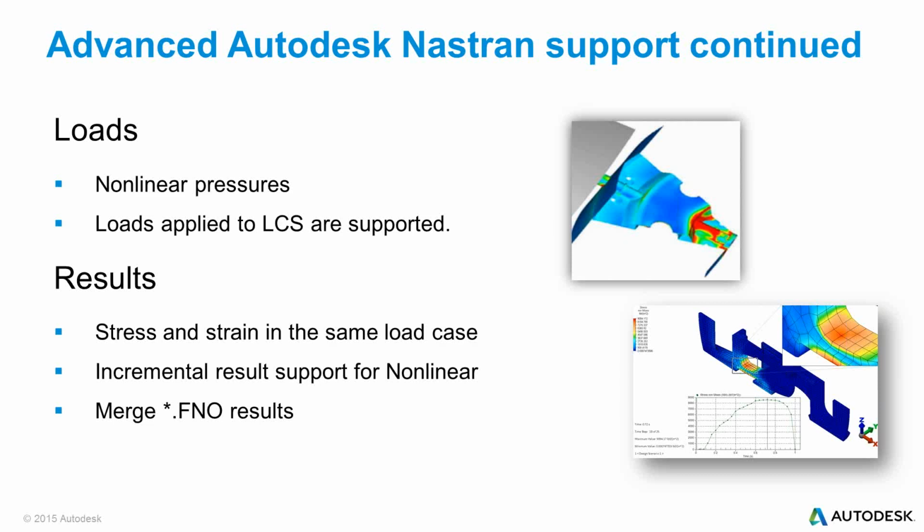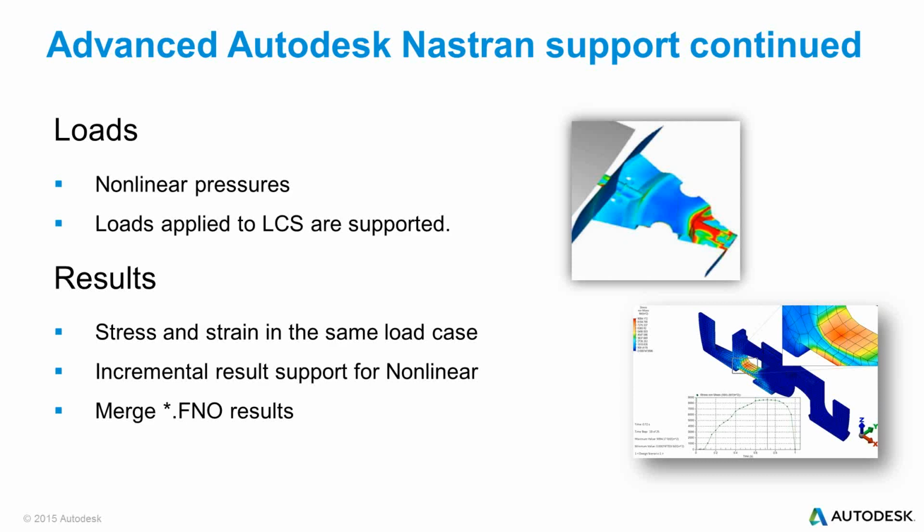Of course, all these improvements to the results were made possible by the fact that Simulation Mechanical can now read an FNO file format natively as a solution for the Nastran results. So once you have the FNO file, you can also merge those FNO files into Simulation Mechanical.